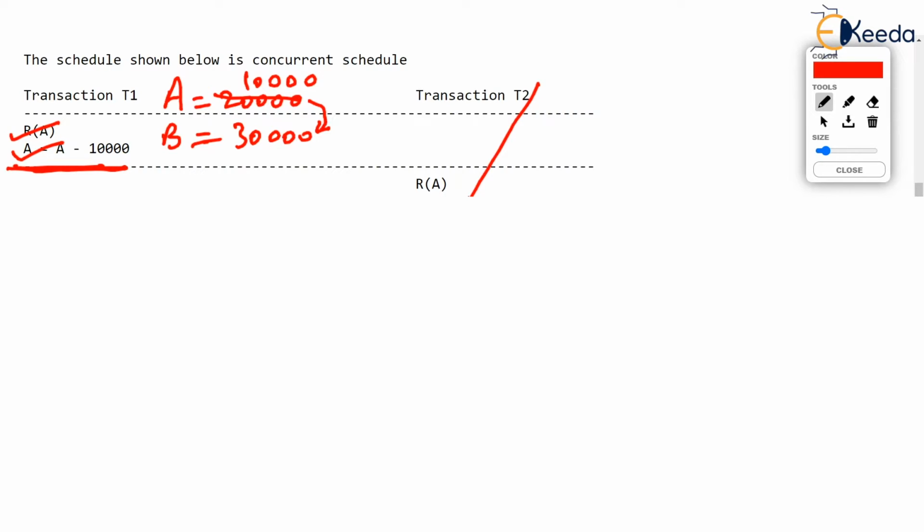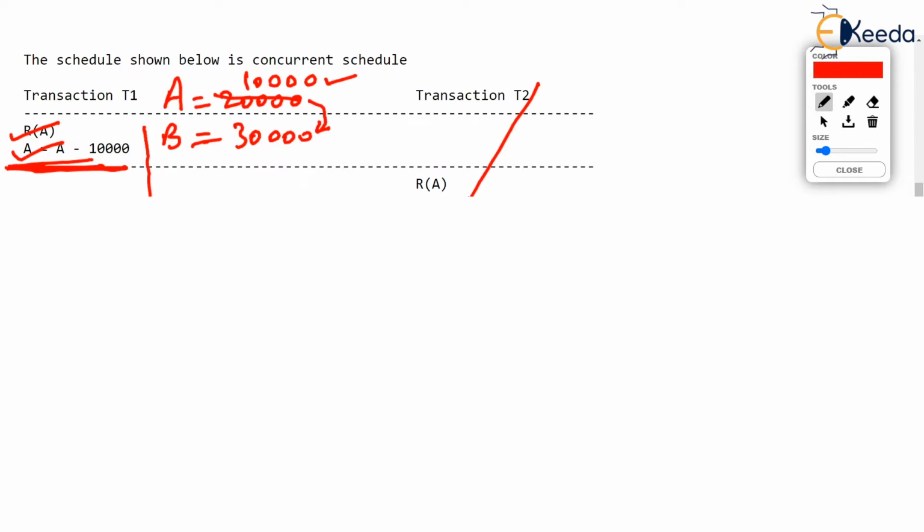This means that atomicity is not preserved. This transaction should have managed to complete or it should not have run at all. But what has happened is that the transaction has been aborted over here, and look at the state. Although A has been reduced by 10,000, B is still 30,000. Isn't it so?